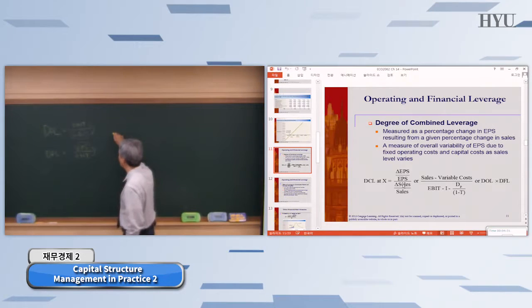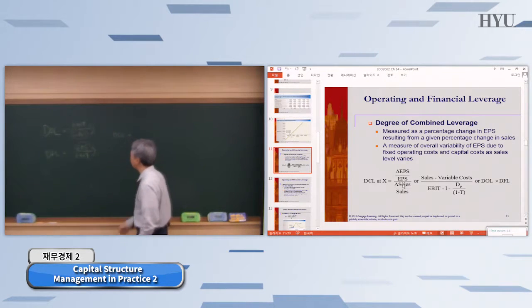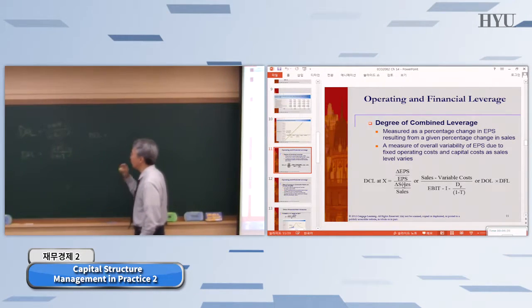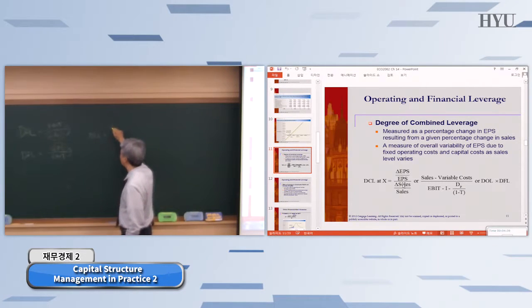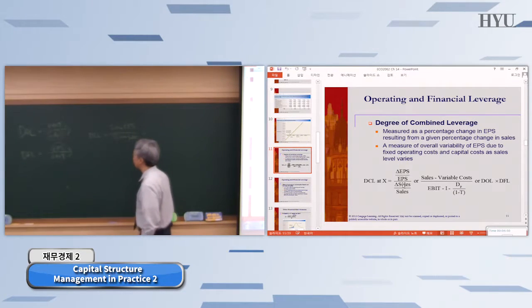DCL, degree of combined leverage, is the percentage change in EPS over the percentage change in sales, which is actually DOL times DFL.